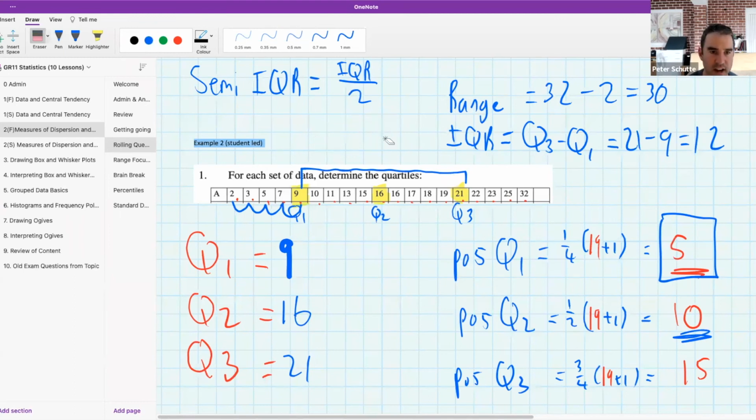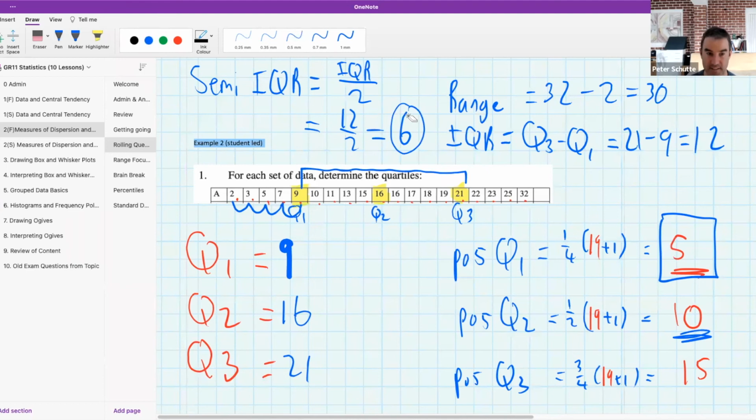So I want you to find the semi-interquartile range for this particular question, knowing that the formula is just the interquartile range divided by 2. It's kind of boring, it's so simple, but let's just make sure you've seen this before. So the semi-interquartile range is just 12 divided by 2, which would be 6.